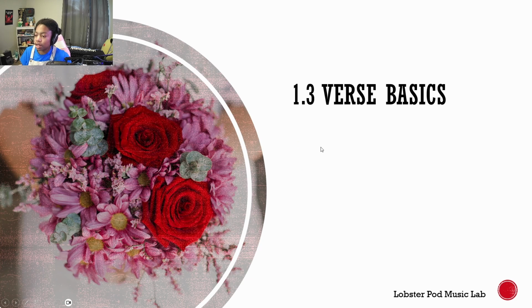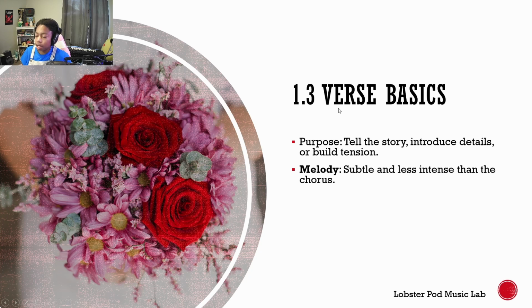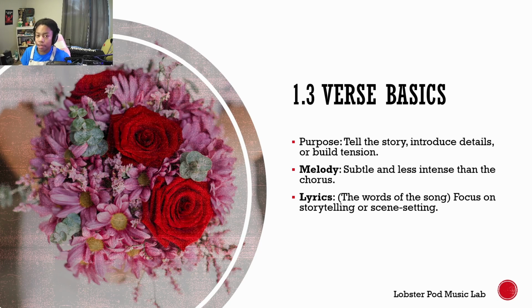The purpose of a verse is to tell the story, introduce details, or build tension. Within the melody of a verse, it's subtle and less intense than the chorus. We won't really be covering lyrics, but this might help you identify it when listening to music in the future.